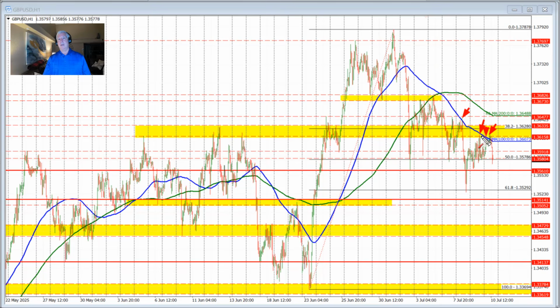In fact, the market kind of held near the high prices over the last 2 trading days and rotated back to the downside. We are trading at new session lows in the pound versus US dollar to kickstart the US session, and that moved the price a little bit below the 50% retracement at 1.35786 level. We'll watch that 50% retracing level to see if there's increased momentum below the midpoint level.